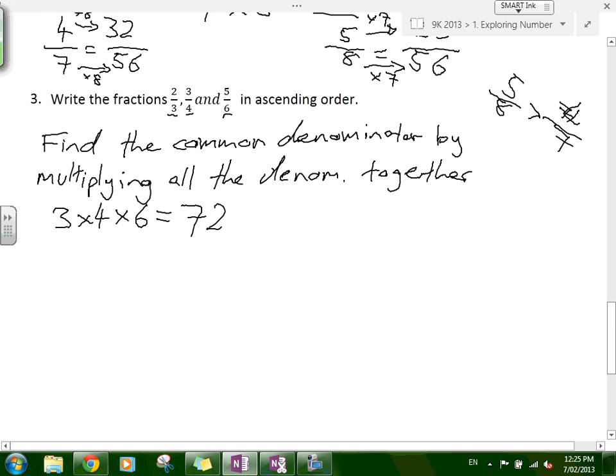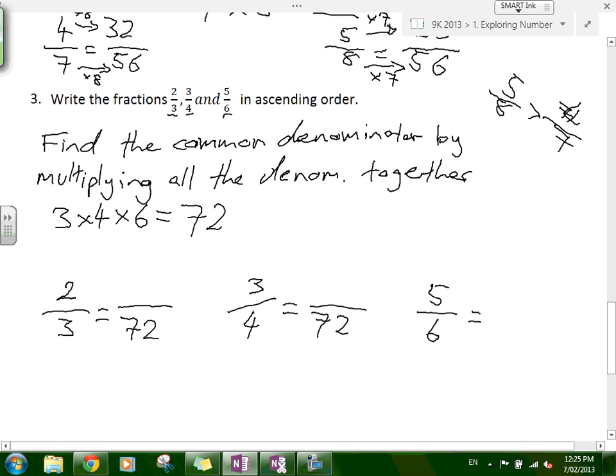So the last thing to do is to say, well, 2 over 3 equals something over 72. 3 over 4 equals something over 72. And 5 over 6 equals something over 72. We have to work out what goes in these numerators.